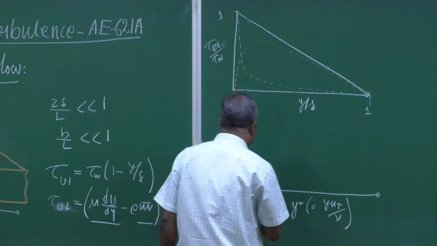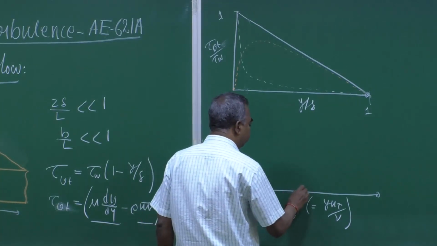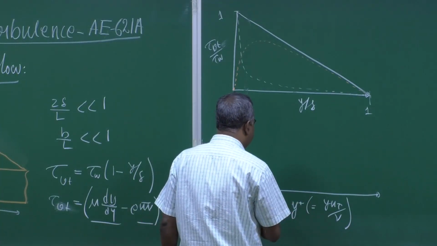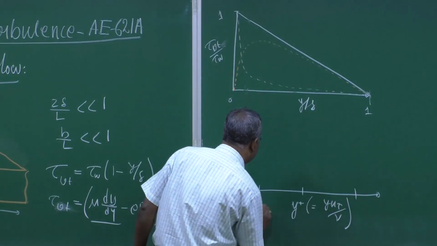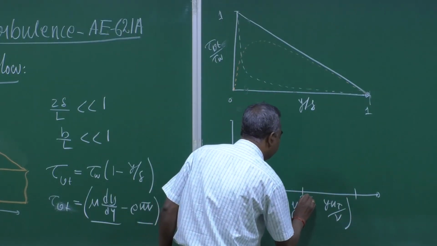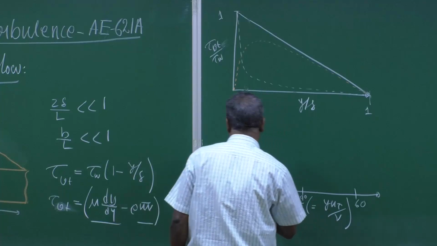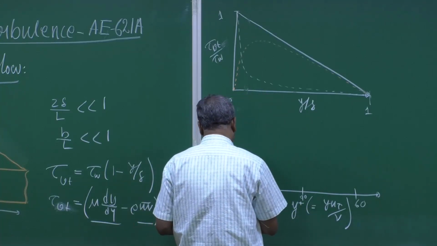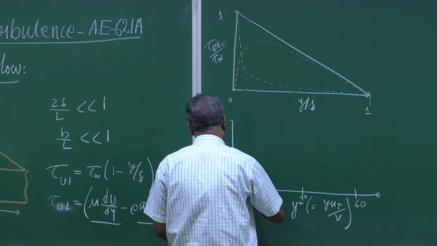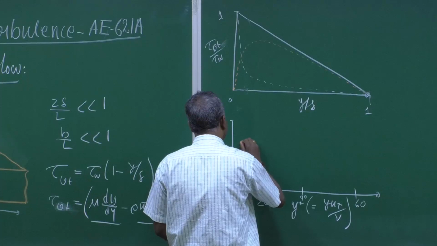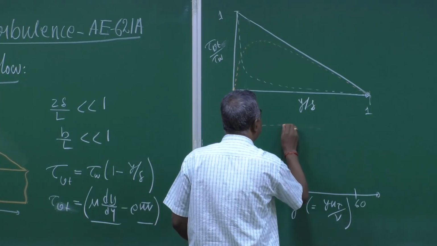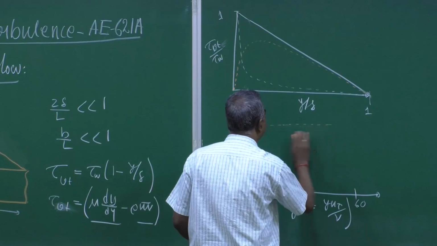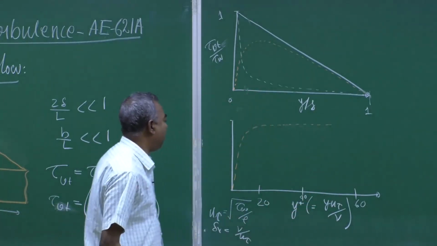So, let us say if you plot this particular profile, let us say this is 20, this is 40 and this is 60, then you will see that the Reynolds stress value slowly increases, and it almost becomes constant as you increase the y plus value.